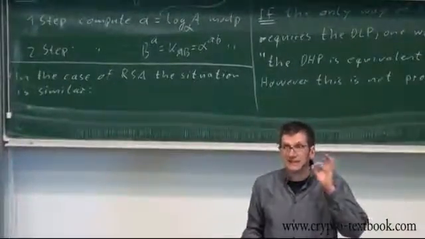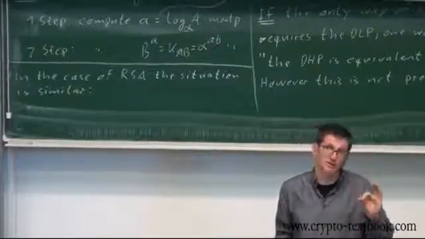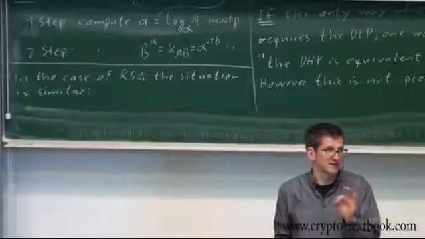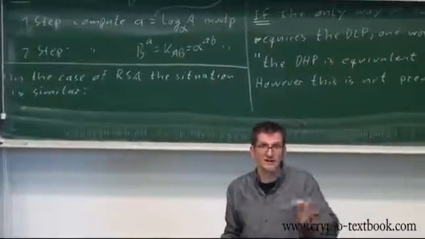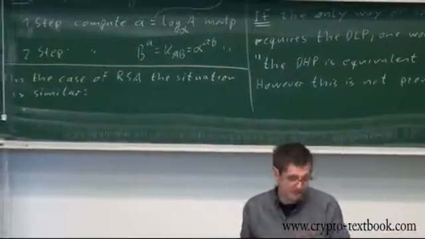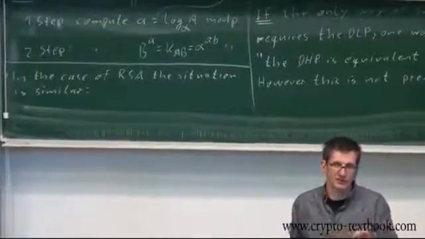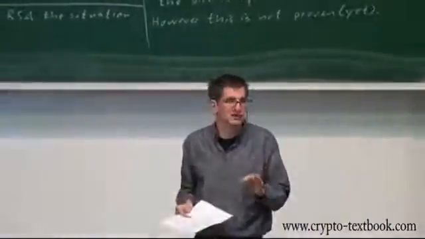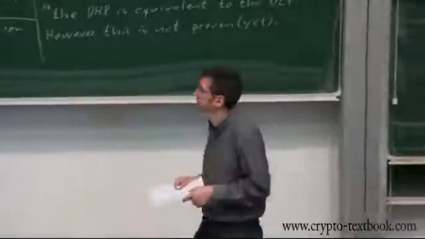Factorization. But here it's even more extreme. From a theoretical point of view, it is absolutely not clear that this is the best possible attack or the only attack. Right now we don't know any better attack, but if you go back in our textbook, you'll see that we don't really have to factor. We have to compute Euler's phi function, and it's not clear that this really requires factoring.